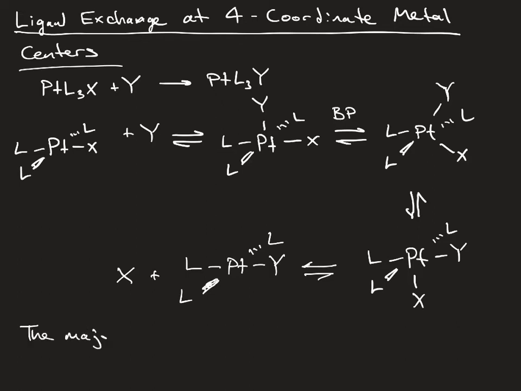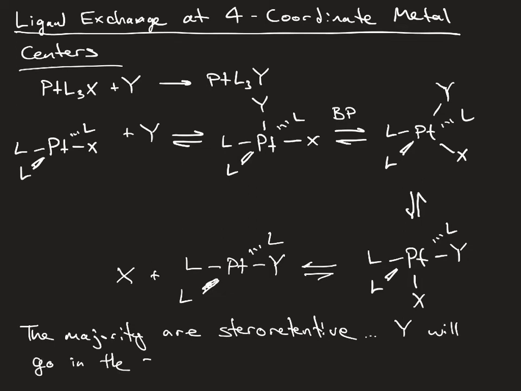The majority of these reactions are what we call stereoretentive. What we mean by this is that Y will go in the same ligand position as X relative to all the other ligands.